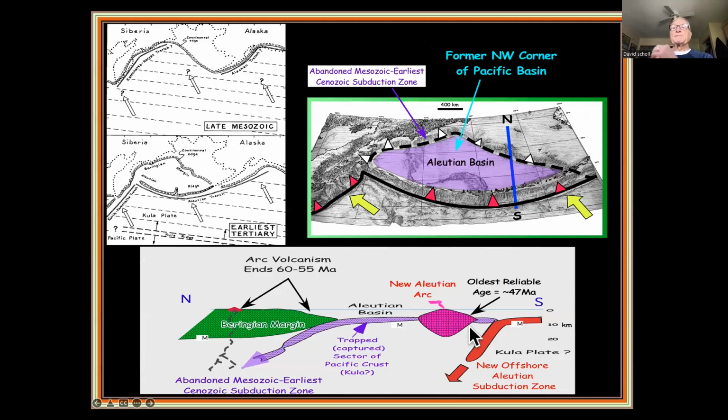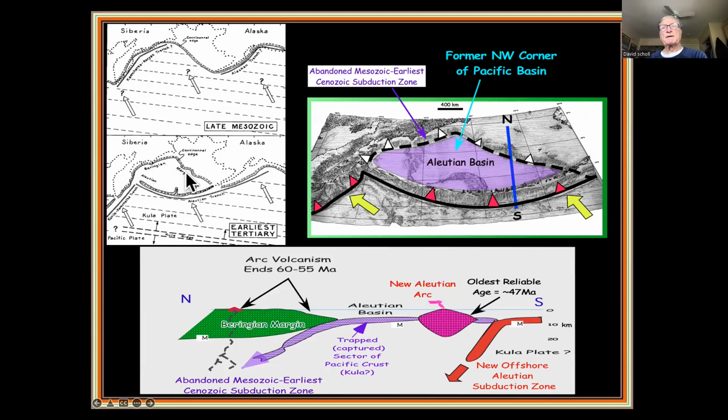So how do you do that? Sort of make another cartoon: in the late Mesozoic, early Eocene, this was the edge of the North American plate all the way around through here. The arc system develops here in the late Eocene and comes across and isolates it.